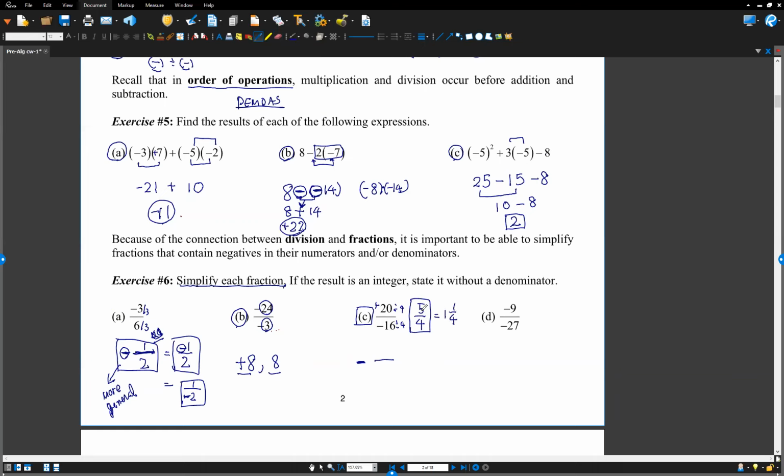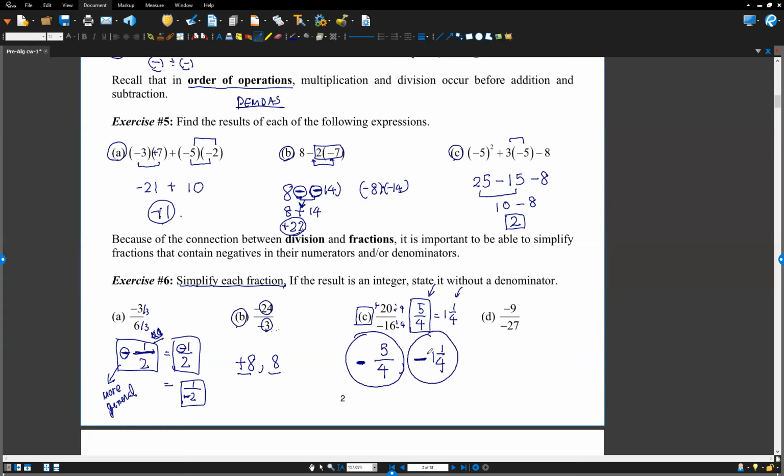In pre-algebra, going to algebra, you can leave this as an improper fraction. Negative 5/4. Yeah, this is okay too. We still have a negative, so you can say negative 5 over 4 or negative 1 and 1/4. Both will be accepted.